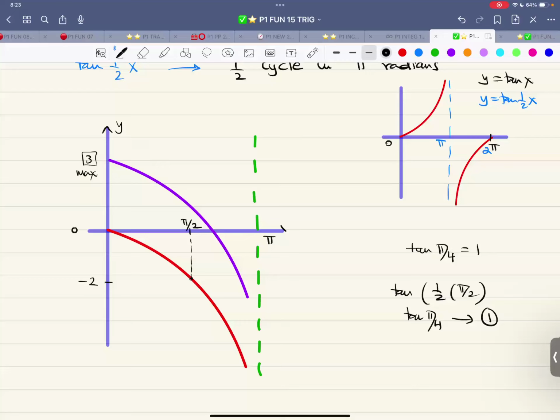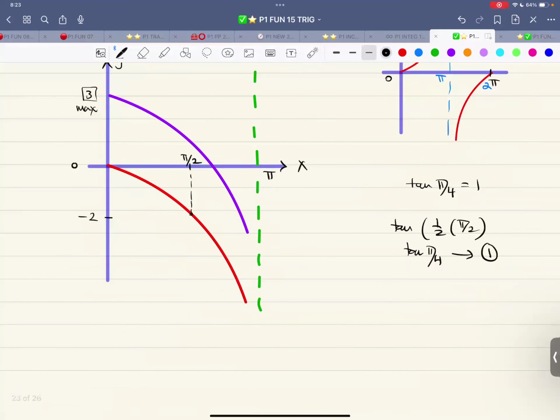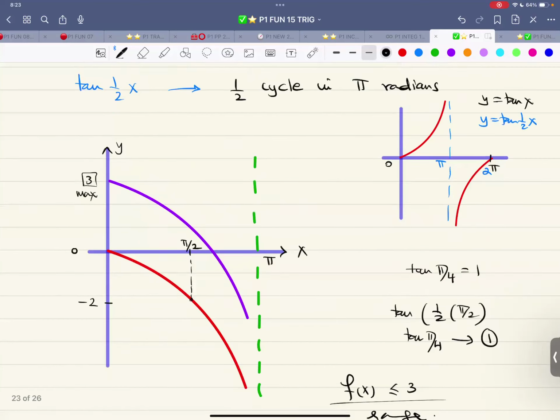This is the y-axis. This is the x-axis. They're asking for the range. So the range is f(x) lies between negative infinity and 3, or f(x) is less than or equal to 3. I think that is much easier to write. So f(x) less than or equal to 3 is the range of this particular graph.